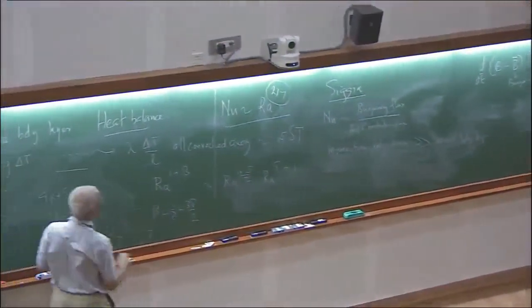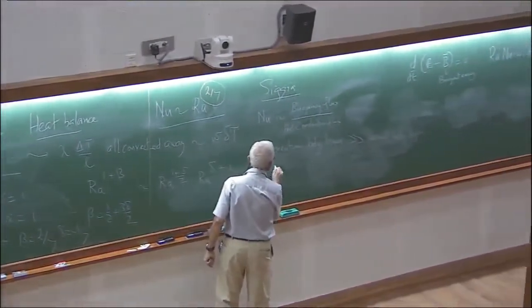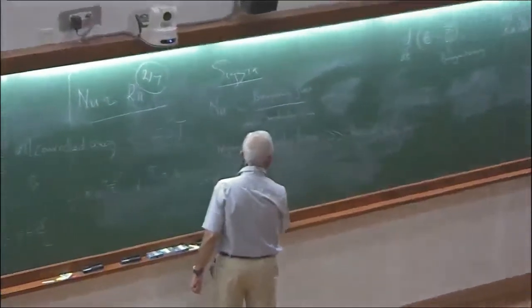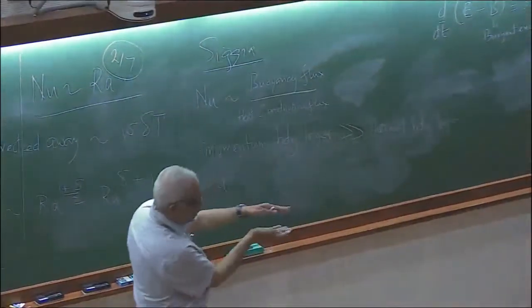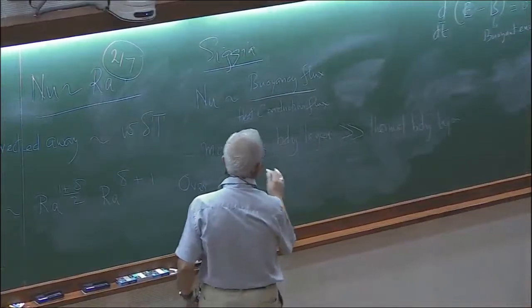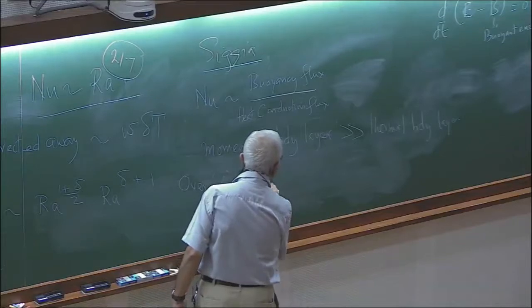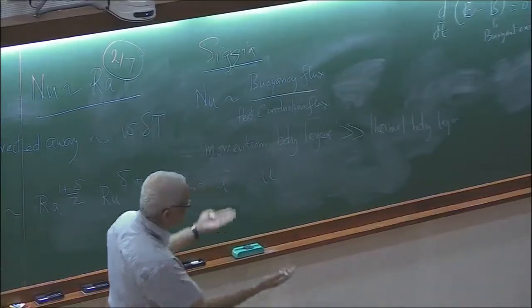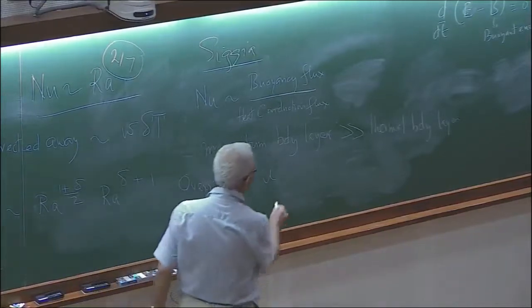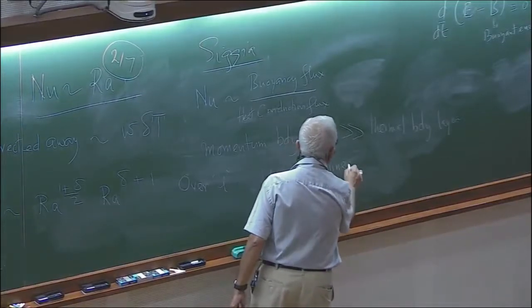So in this boundary layer over L, the parallel velocity, all velocities vanish at the plate, and then u, the horizontal velocity, is still a linear profile.